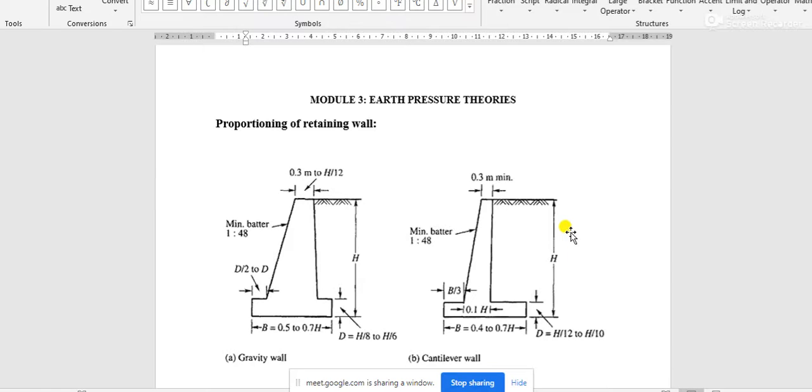Now, before going to check the stability of the retaining wall, first of all we have to assume some dimensions of the retaining wall required for some site. That assumption of the dimensions is called proportioning of retaining wall.